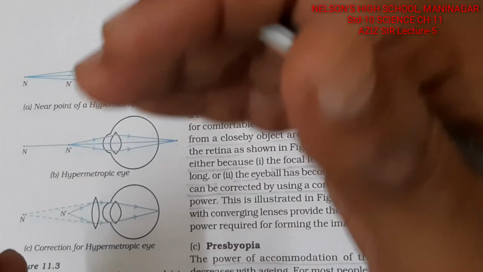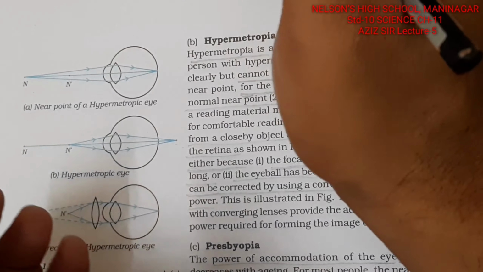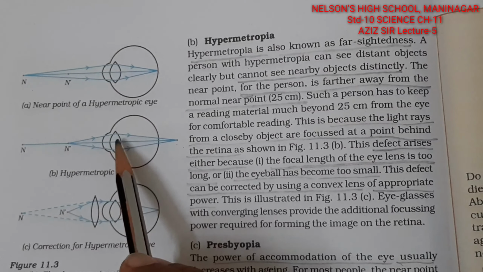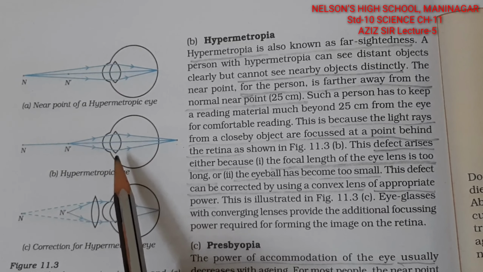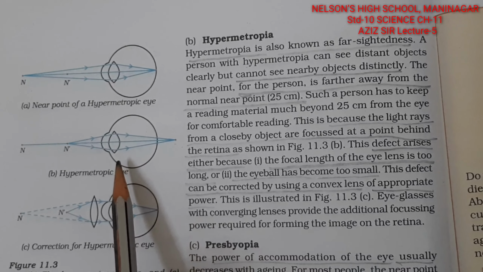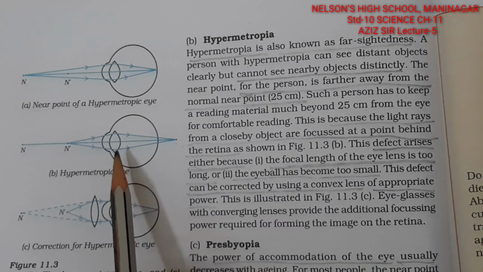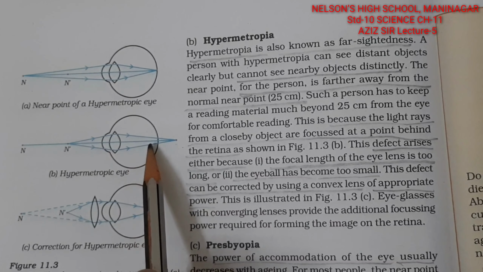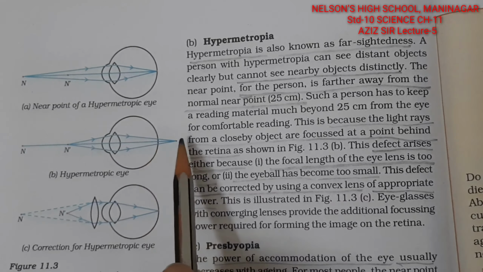The lens should become thick to see nearby, but it does not become thick enough and remains thin. That's why the image is formed far away and is not capable of forming on the retina, and that's why this is a defect. Here they have given two things: the focal length remaining long and the eyeball shrinking.